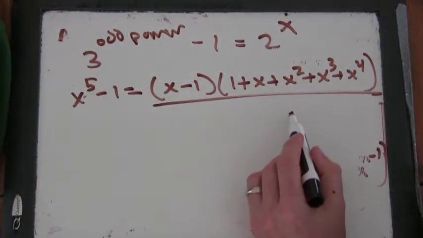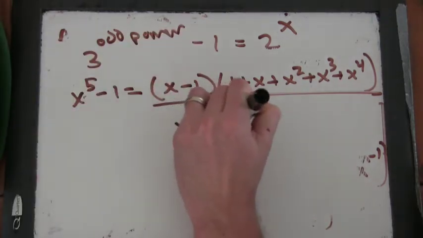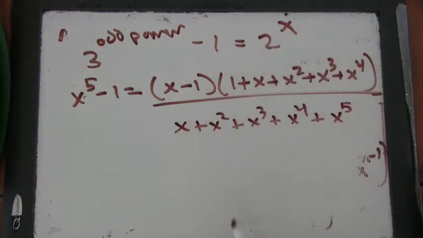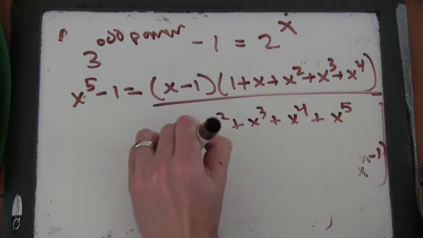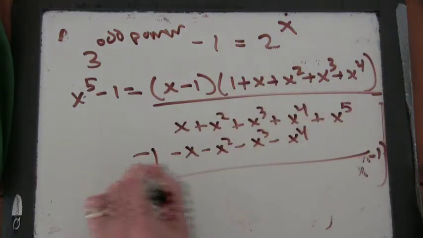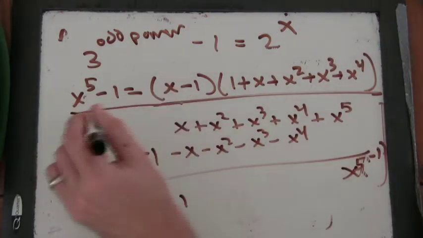Minus 1 times each of these terms. The x squared, x cubed, and x to the 4th are all gonna subtract away. I get a negative 1 and then an x to the 5th, so x to the 5th minus 1. Can you at least believe why this happens in general?